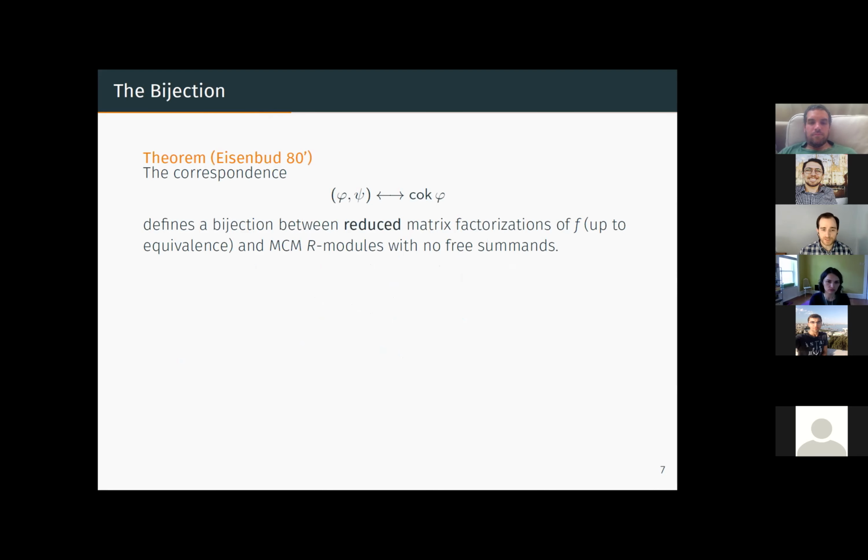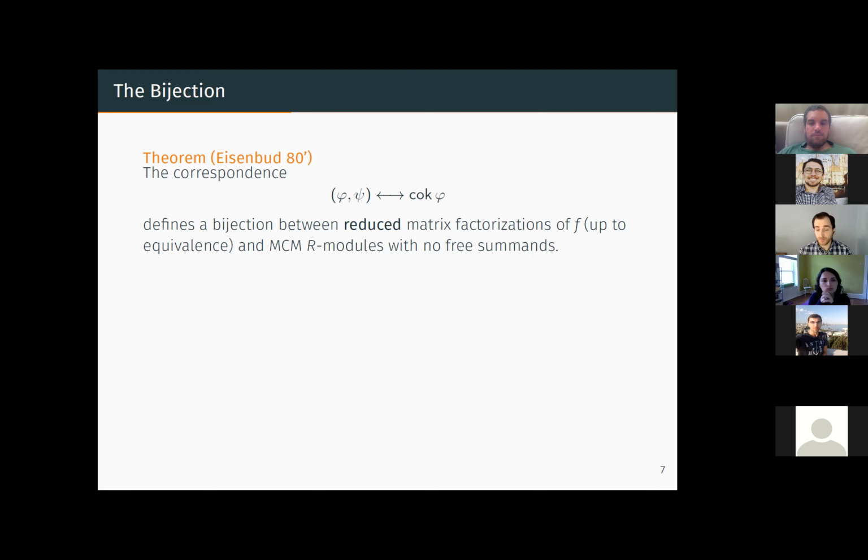And a little bit more specifically, you actually get a bijection between the reduced matrix factorizations, so that's a word I haven't defined yet, but I'll explain in a second, up to some very natural equivalence, and MCM R modules with no free summands.